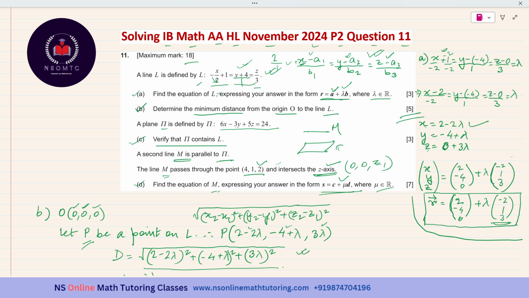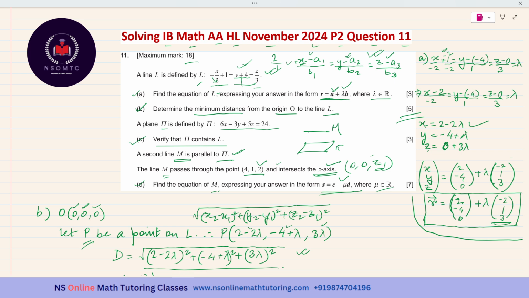And these are the 2 points. From here we can get the direction vector of the line M, but the direction vector will have this Z1, so we have to find the value of Z1. For that, we can use the information that the line M is parallel to pi.